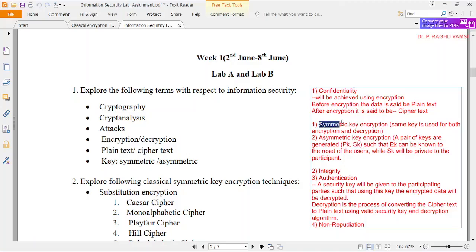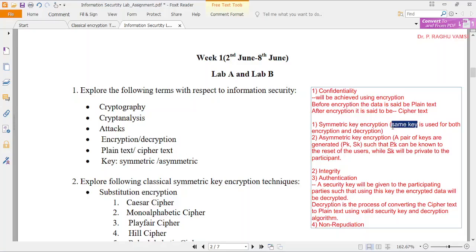The main problem with the symmetric key is that since the same key is used for encryption and decryption, if anyone learns the key in the transit of the data, they can easily decrypt it and get the plain text. And if you lost this key or if this key was leaked, obviously it is very easy for anyone to decrypt this.